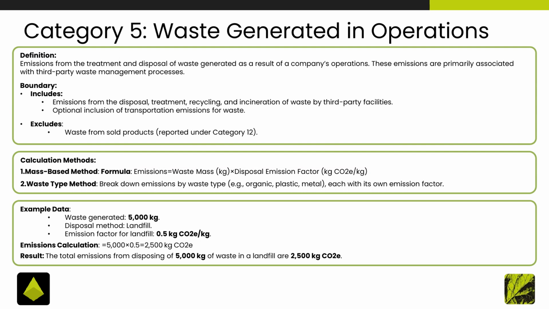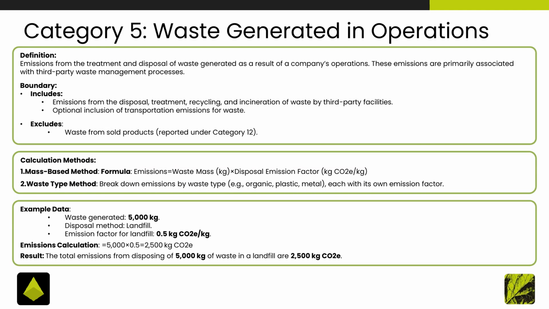Let's explore Category 5, waste generated in operations. This involves emissions from treating and disposing of a company's operational waste, typically managed by third-party facilities. The boundary includes emissions from processes like recycling and incineration, but excludes waste from sold products.